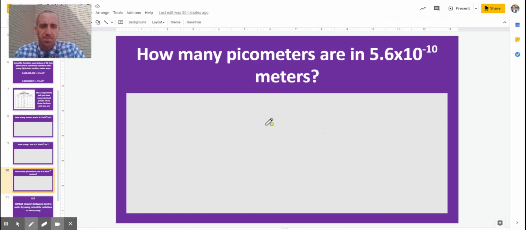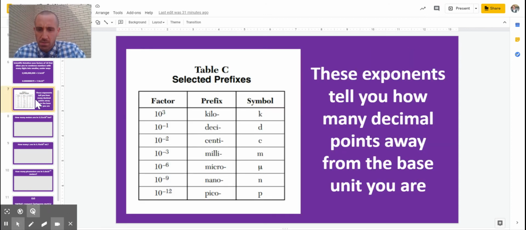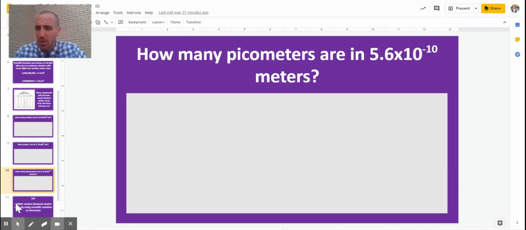All right, here we go. So we have 5.6 times 10 to the negative 10th meters. You're going to have to use the conversion for picometers. Let's sneak back here. 10 to the negative 12. So you have 10 to the negative 12. So what you're going to end up doing is take this number, and you have to ask yourself, am I multiplying or dividing by 10 to the negative 12th? Well, picometers are super tiny.